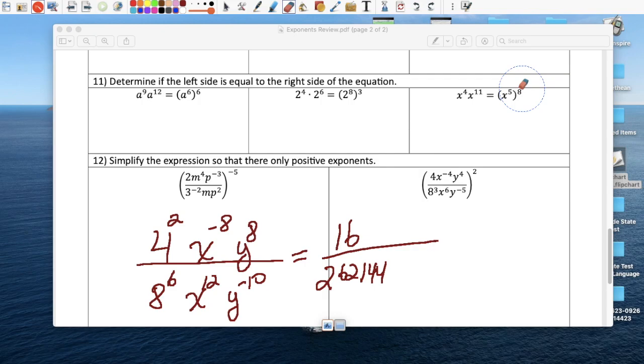Let's press enter. Oops, it's giving me a fraction. So I'm going to write 16 over 262,144, and I'm going to press simp. Enter, domain error. Sorry. Try again. 16 over 262,144. Simplify, enter. What the heck?